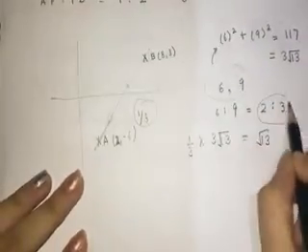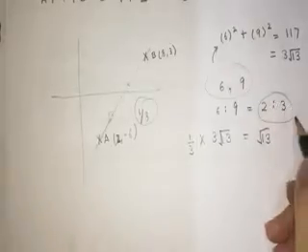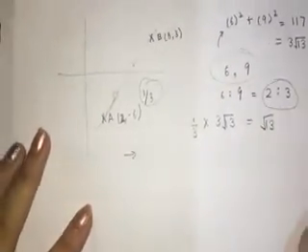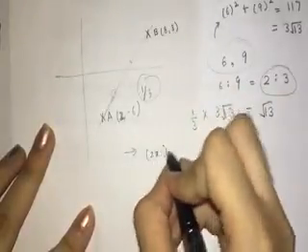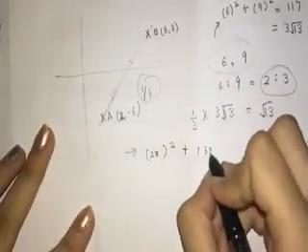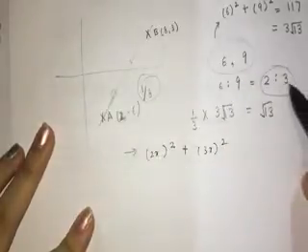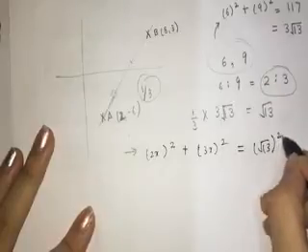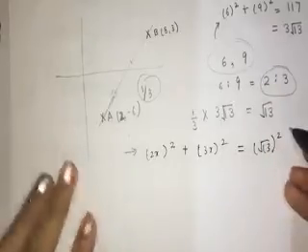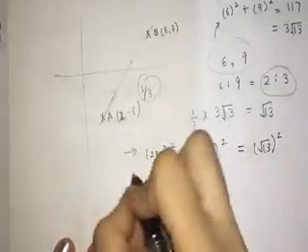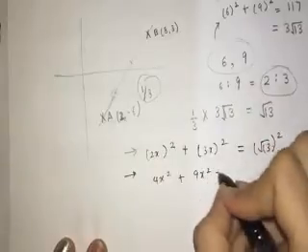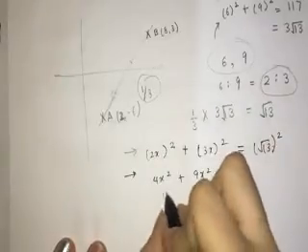Now we're going to use this simplified form of our ratio for the next step, which is that (2x) squared plus (3x) squared, so our 2 comes from here and our 3 comes from here, and we square this, and our root 13 that we have just calculated, we use it and square it as well, which then gives us 4x squared plus 9x squared, and this becomes 13x squared.